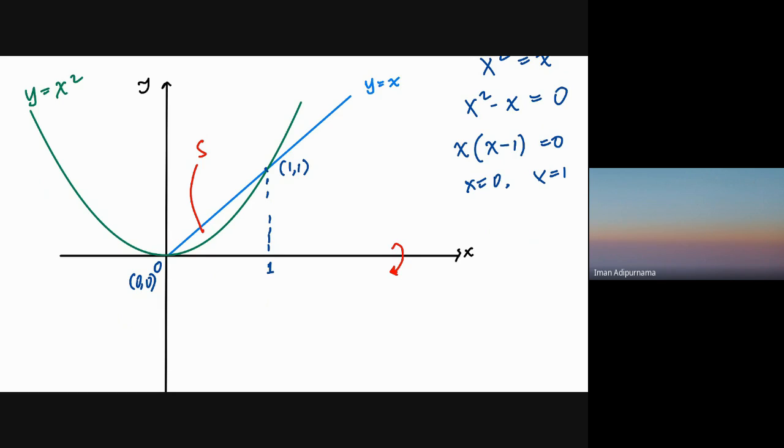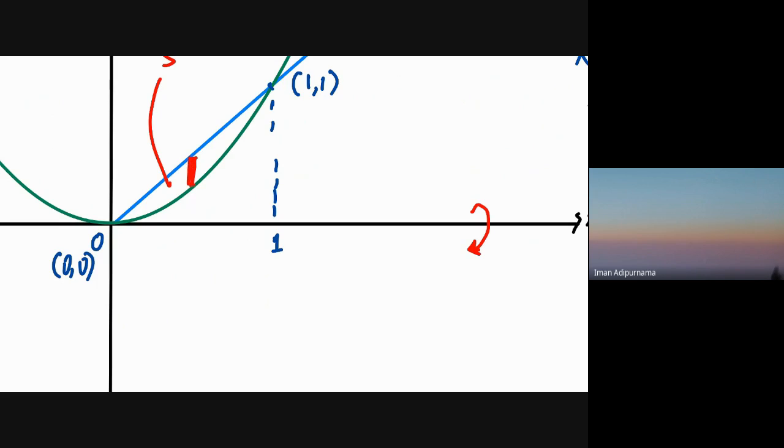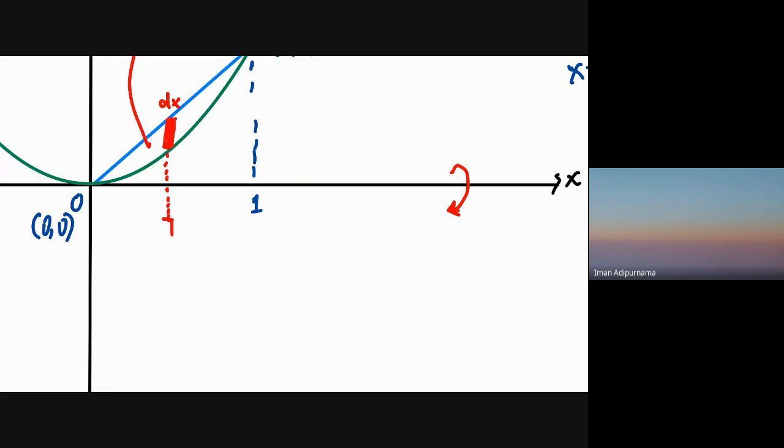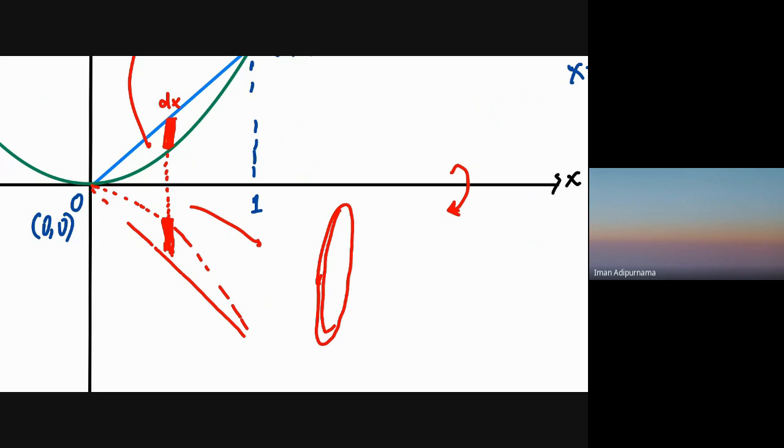Now the S region here, if we look at how it's rotated, we can see that if we take some rectangle of width dx in this area, and imagine this being rotated here, if you want to make a shadow of what this looks like, probably like this, and the image becomes more or less looking like this.